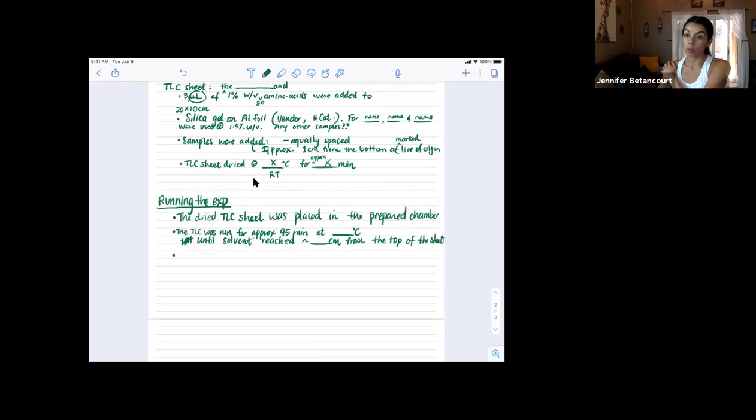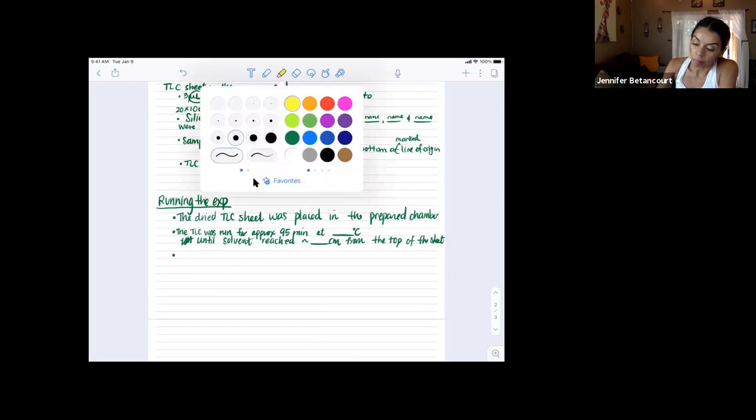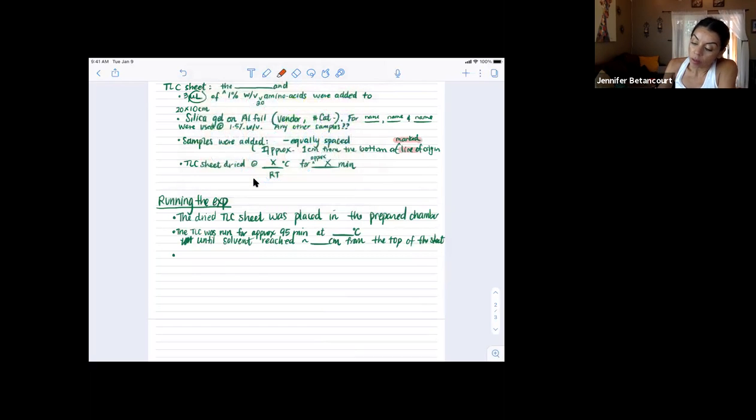Okay, so this is something we talked about last week. You definitely have to mark the line of origin. Why did we talk about that last week as something important? That's because you need that position so that you can actually calculate RF. But that's not the only part that you use to calculate RF.